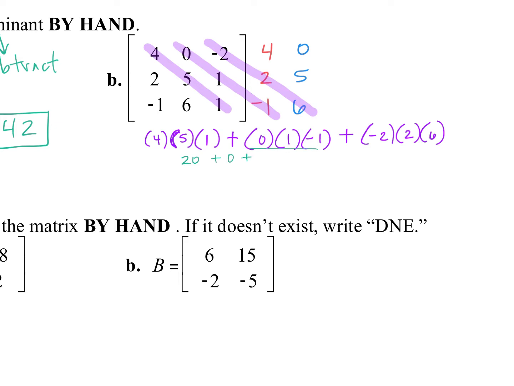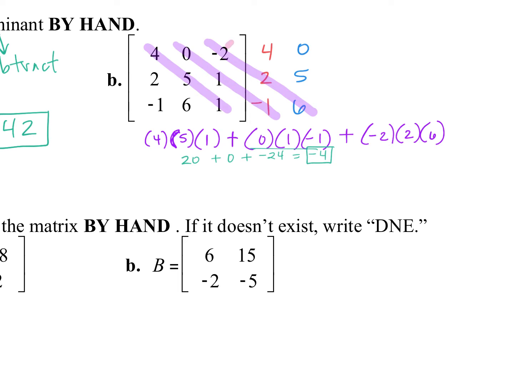And then -2 times 2 is a -4 times 6 is a negative 24. Okay, now we take those, 20 plus 0 plus a negative 24, and we get a negative 4. Okay, so that's the first number that we're going to be subtracting with. The second number is going to come from the other diagonals. So, change colors here.